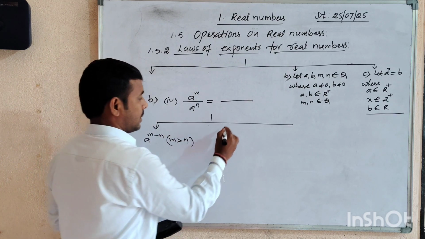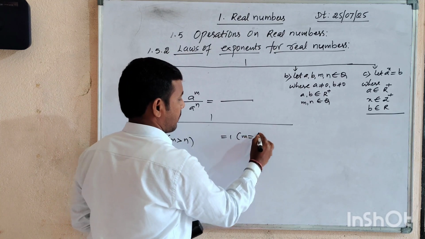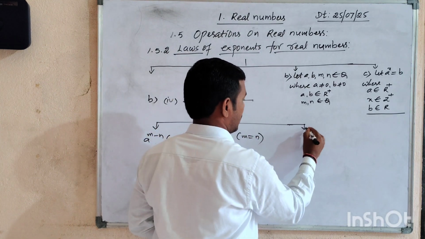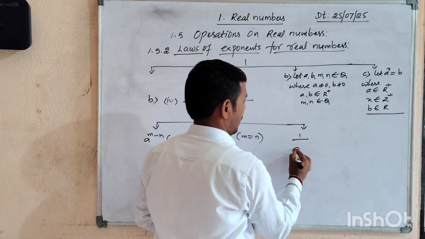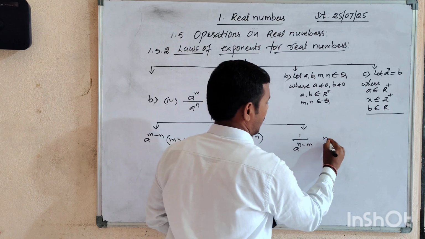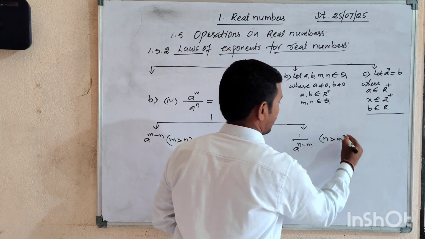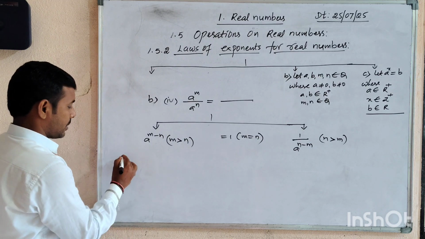One answer is just exactly 1, where m is equal to n. One more answer is 1 by a to the power of n minus m, where n is greater than m. I think it is understood.